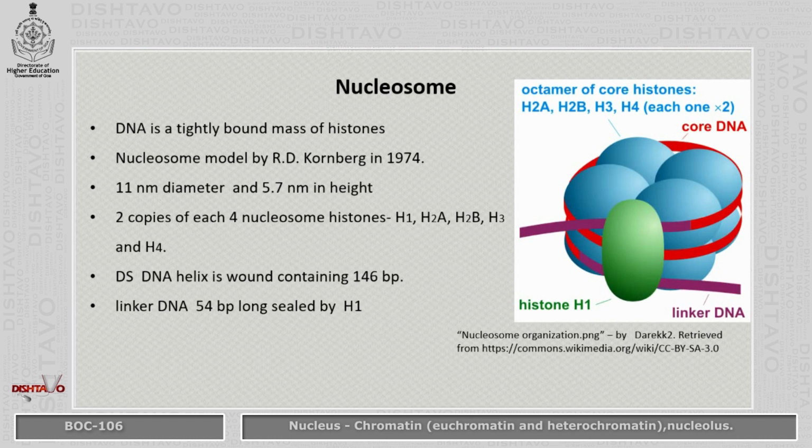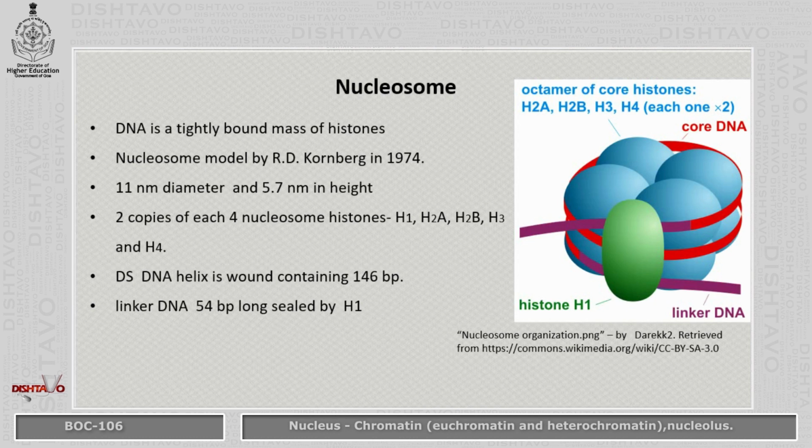The nucleosome model was presented by R.D. Kornberg in 1974, and according to him, it is made up of an octamer of core histones. Which are these core histones? They are H2A, H2B, H3 and H4. This octamer of core histones is present in multiples of 2 and they form the core of DNA.